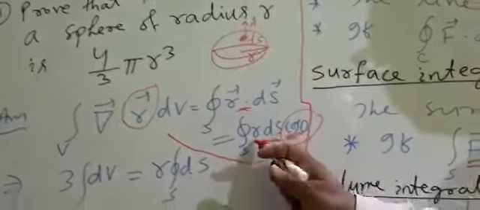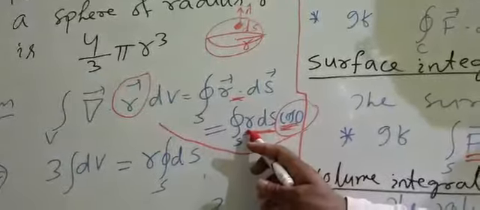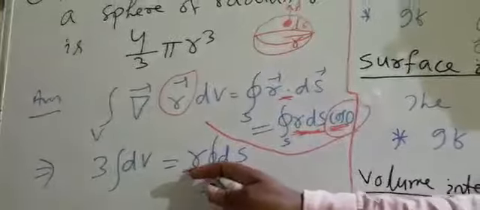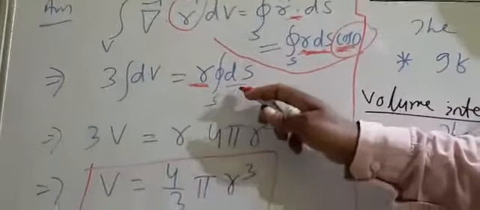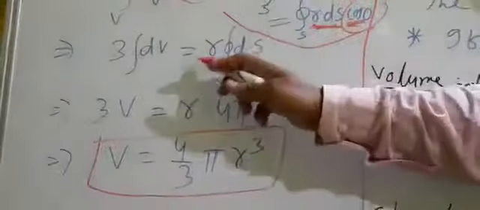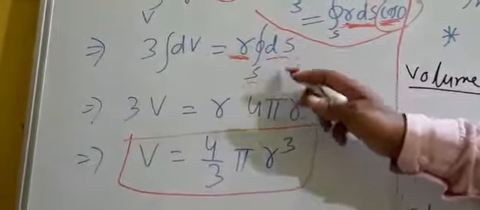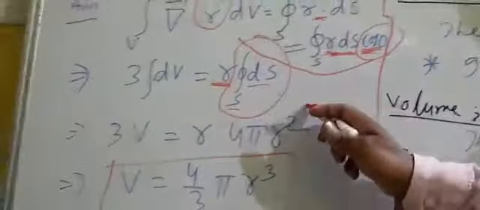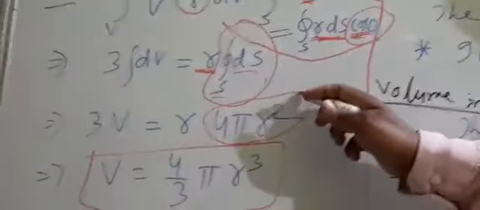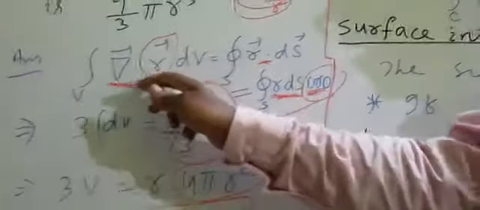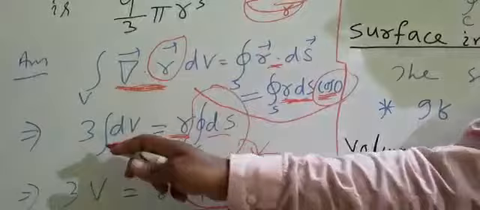r is the magnitude of r, so it is a constant. So you can take it outside the surface integral. Surface integral is along the surface, not the r. So surface integration ds is equal to the total surface of the sphere, 4 pi r square. And the divergence of r, you know, is 3.